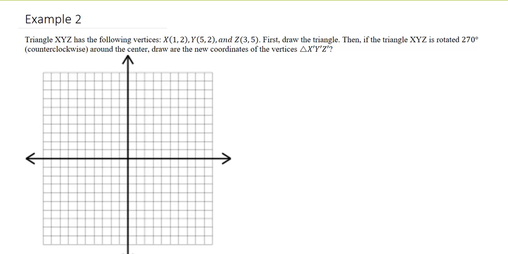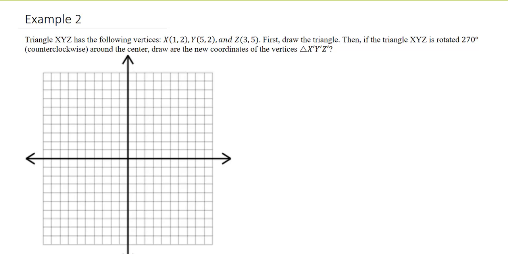Example 2: triangle XYZ has the following vertices. X is 1, 2, Y is 5, 2, and Z is 3, 5. First, we're going to draw the triangle. Then, if the triangle XYZ is rotated 270 degrees counterclockwise around the center, let's draw the new coordinates of the vertices X prime, Y prime, Z prime.